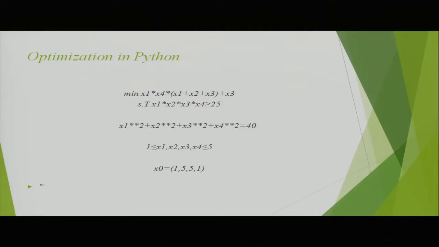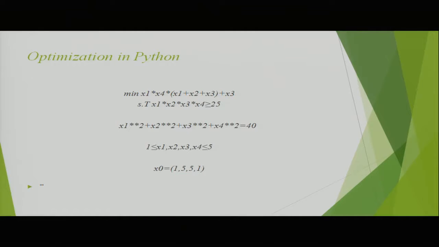The objective is to minimize the function you can see there, x1 times x4 times (x1 plus x2 plus x3) plus x3. Subject to the constraints: the product x1 x2 x3 x4 should be greater than or equal to 25. Also, the second constraint: x1 squared plus x2 squared plus x3 squared plus x4 squared equals 40.